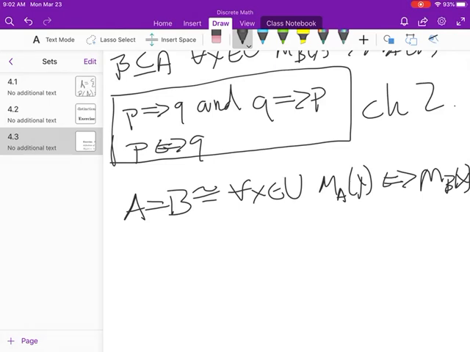So it has to be a member of both in order to be a member of either of them, since the sets are equal.